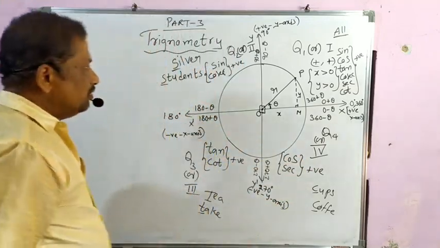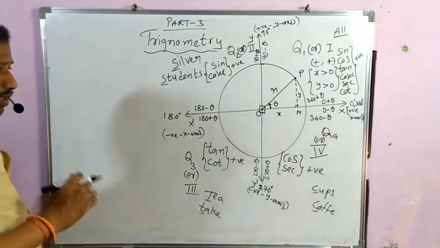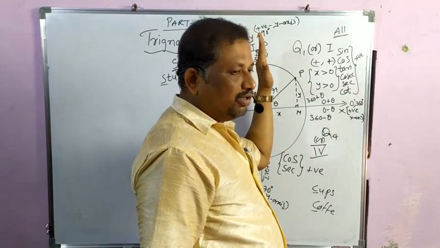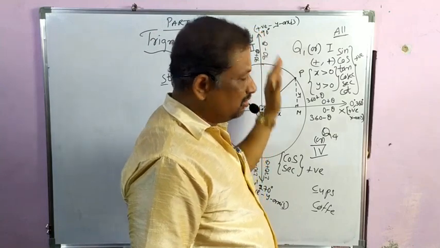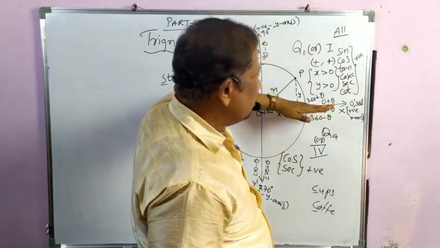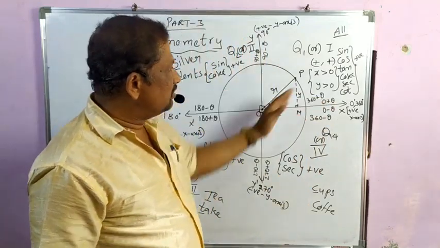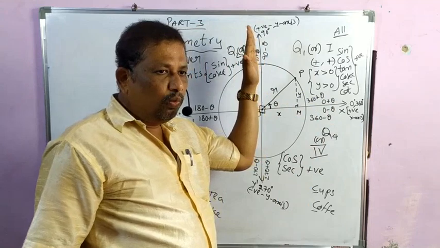So now carefully observe how the ratios change. The ratios can be operated on two axes, the x-axis and the y-axis.